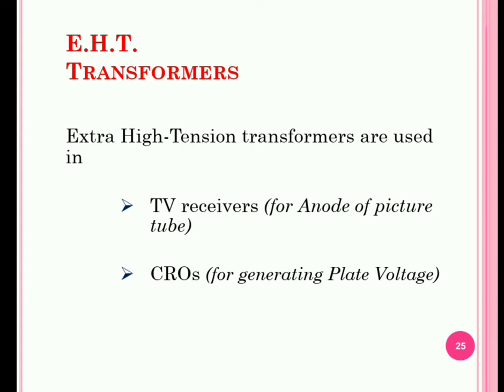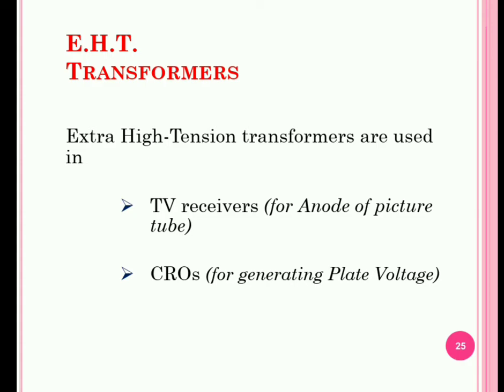So we have to maintain or increase the turns ratio at the secondary winding of the transformer. Suppose you want to get 24,000 volts from 240 volts, then the turns ratio should be 100 times.